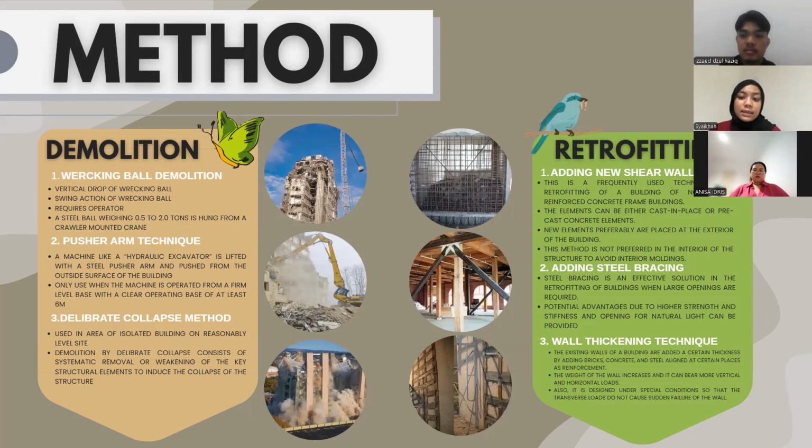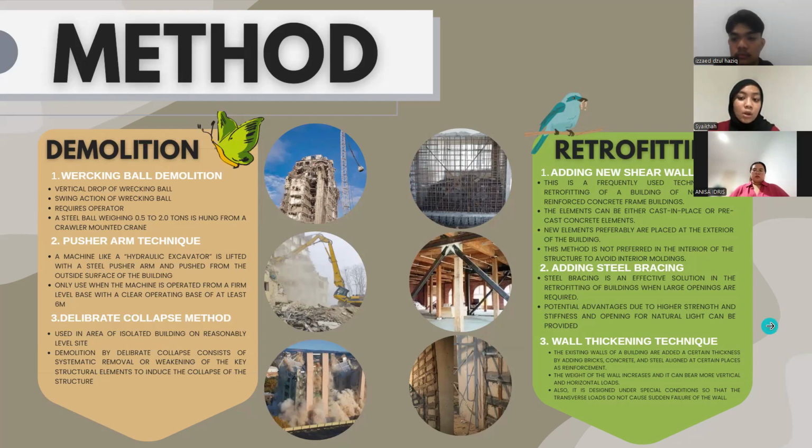So for retrofitting, the first method is adding new shear walls. This is a frequently used technique for retrofitting of non-ductile reinforced concrete frame buildings. The elements can be either cast in place or precast concrete elements, and new elements are preferably placed at the exterior of the building.